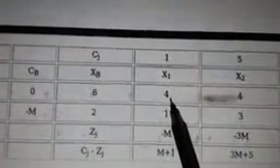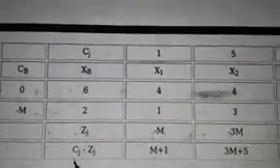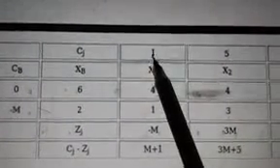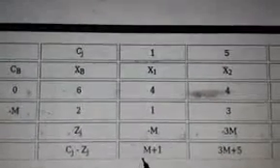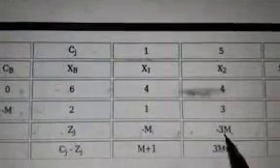Here 0 into this, 0, minus M into 1, that is equal to minus M. So that's why Zj, and Cj minus Zj is 1 minus minus M, that is M plus 1. Similarly, this is 0 into 4 plus minus M into 3, that is minus 3M.